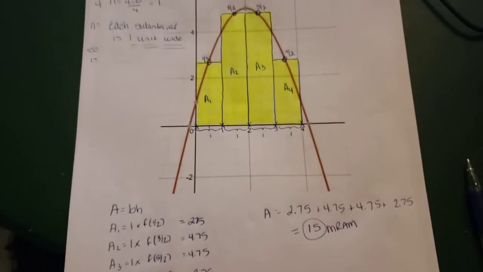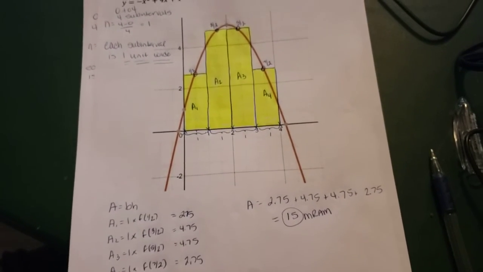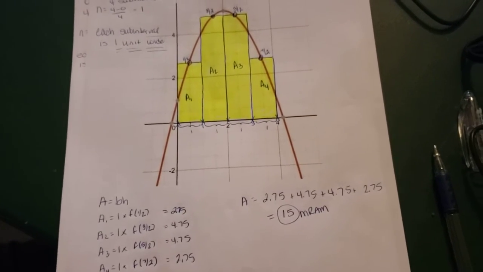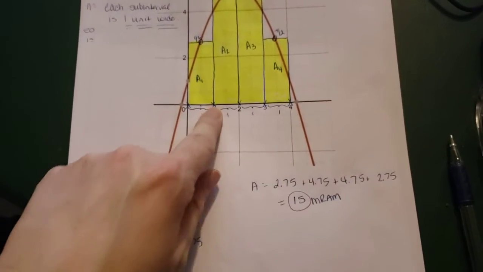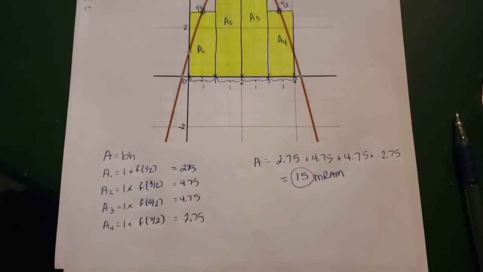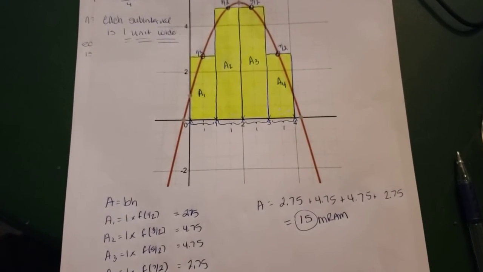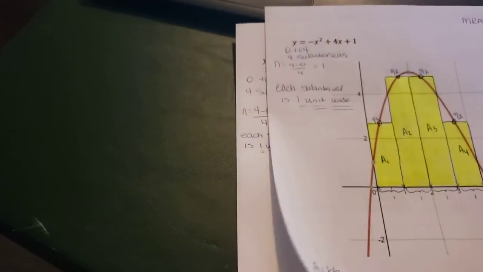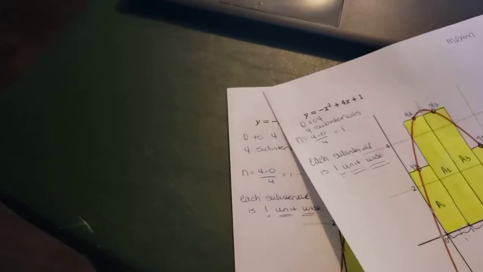Now, for your exam, you really need to pay attention to the intervals, what points you're using to make your calculations. We could very easily have turned this into a table. Let me go back and look at one of the other ones.